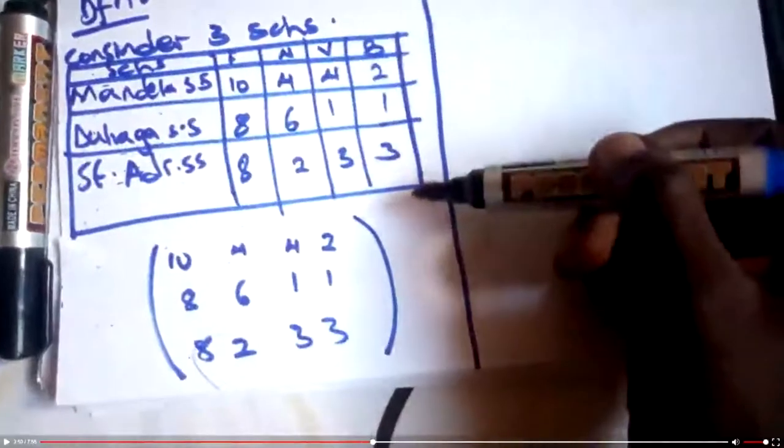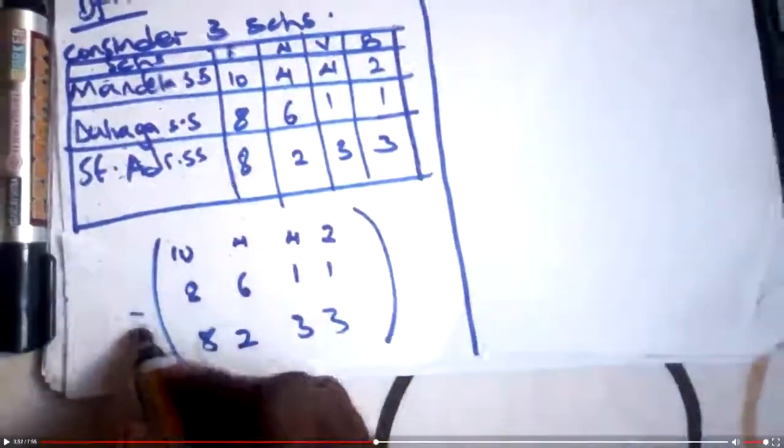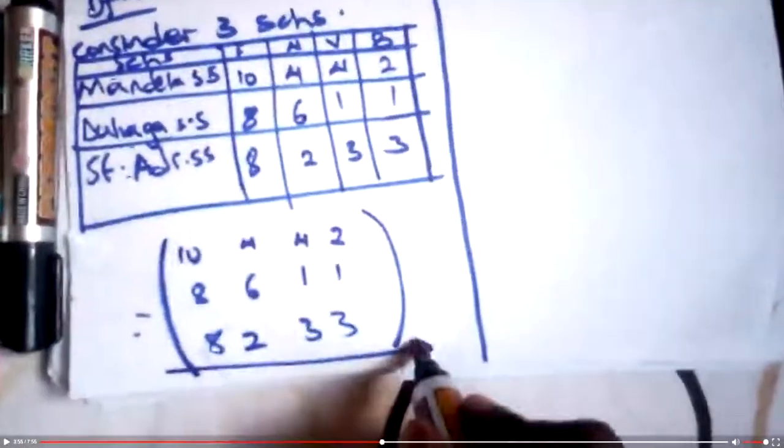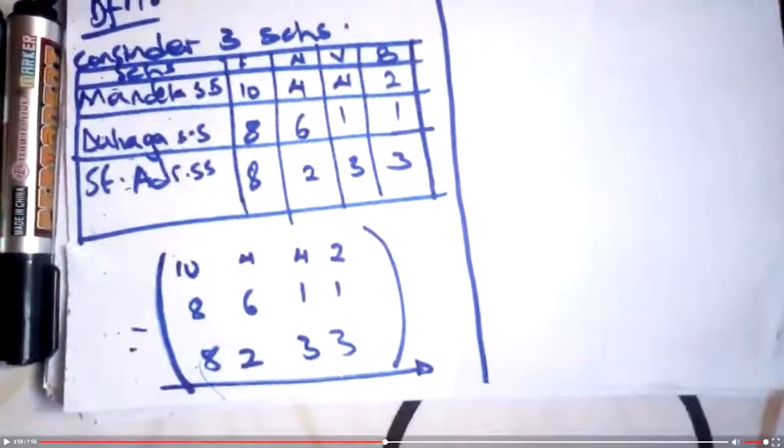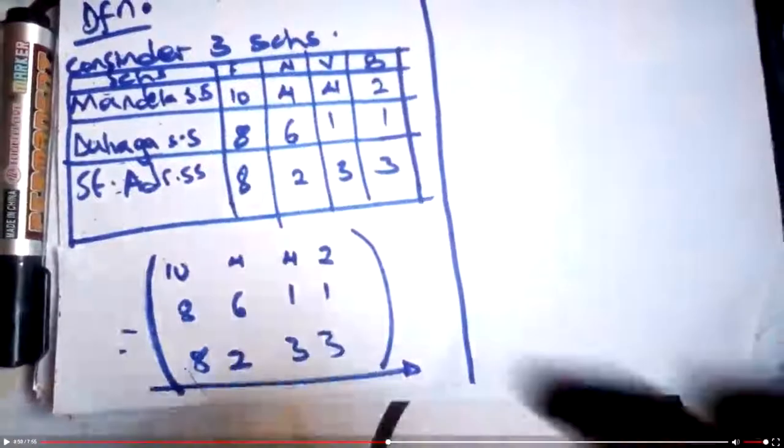Now, this exact information here, if I remove it and put it under brackets, what I form is what we term as a matrix.